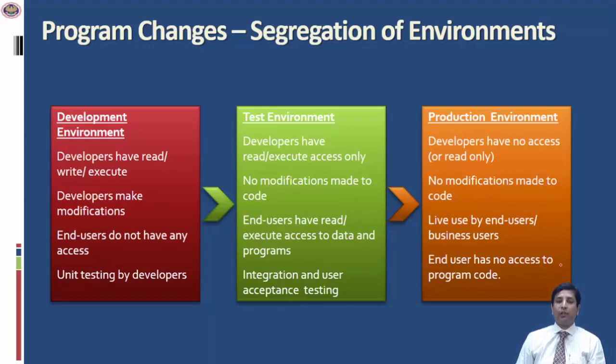Again, in this production environment, the source code is not available to be made or changed. So as we can see, there are three different environments in which the program change process should be working. And this is an example of how segregation needs to be maintained between the various environments.